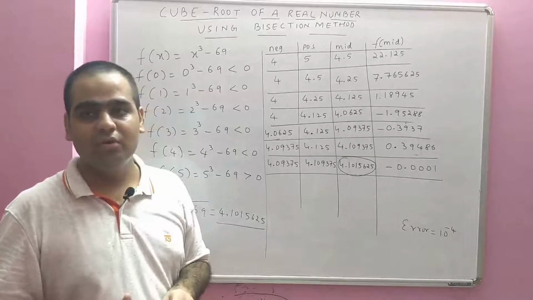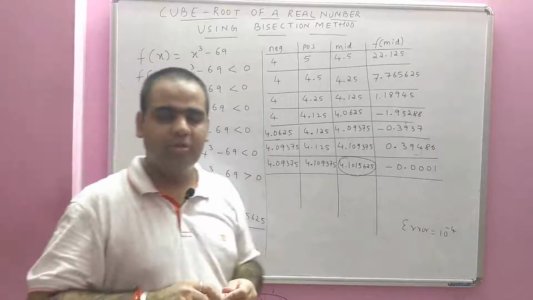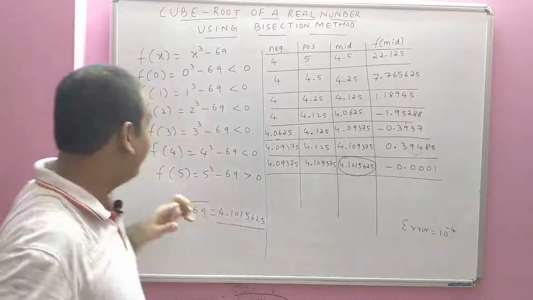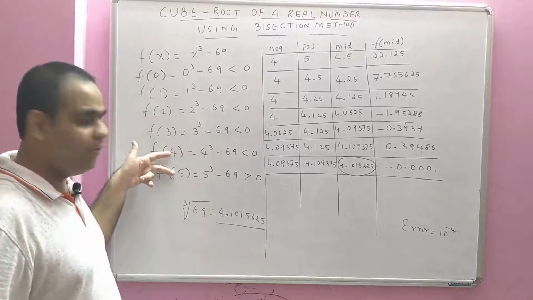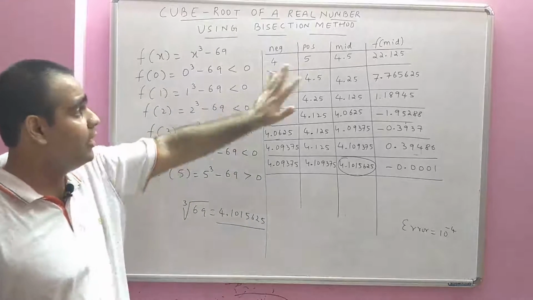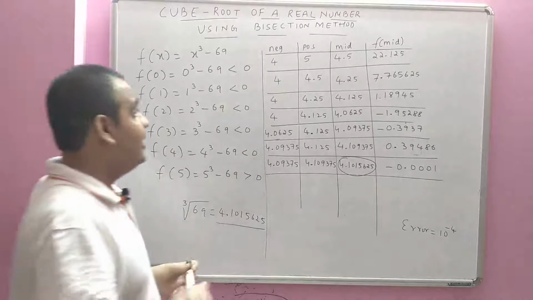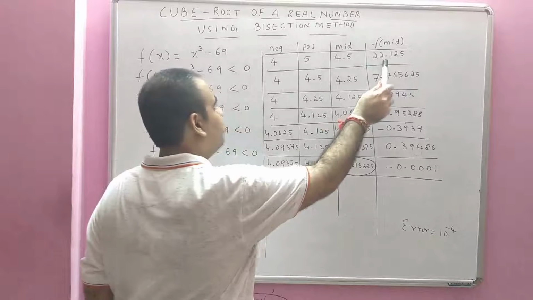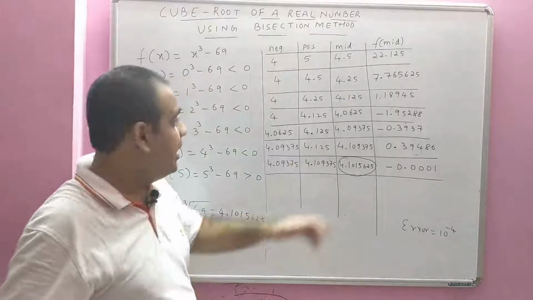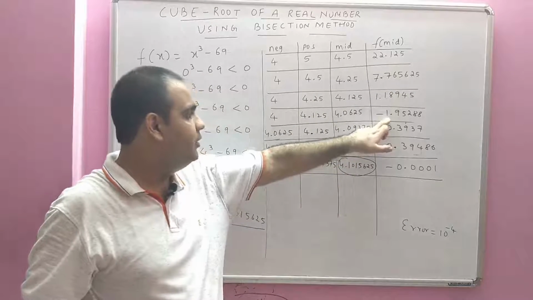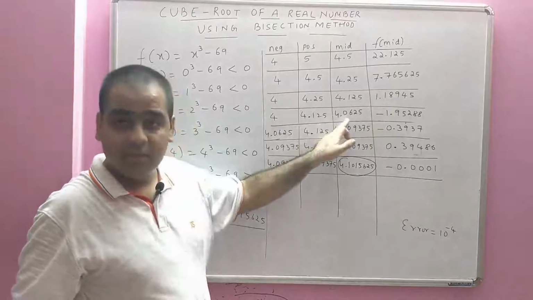Therefore, we can use the iteration or the loops. Now, the first loop will be to find out the exact value of a and b, the values of positive and negative that I have taken, negative and positive. Whenever you get f of mid as positive, replace the positive, and whenever you get f of mid as negative, replace the negative by the mid value.